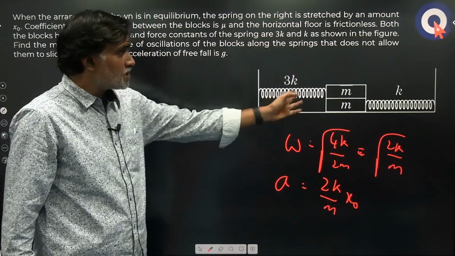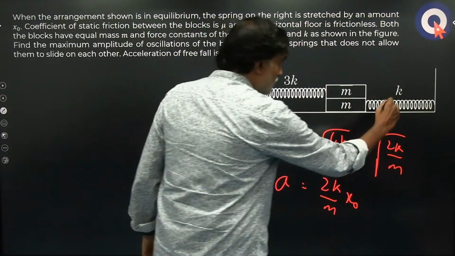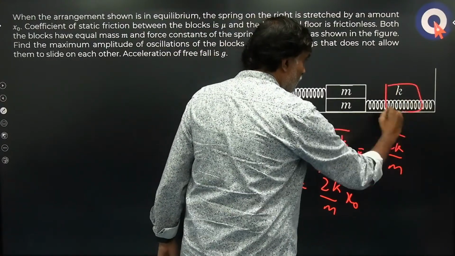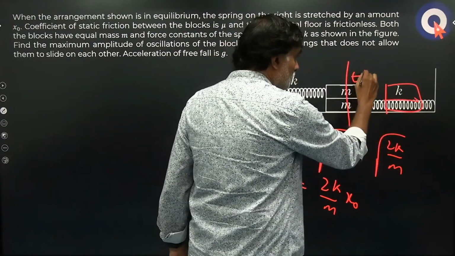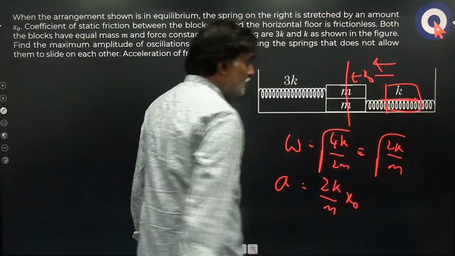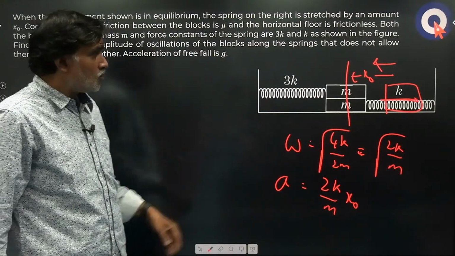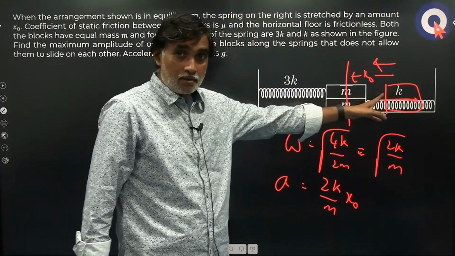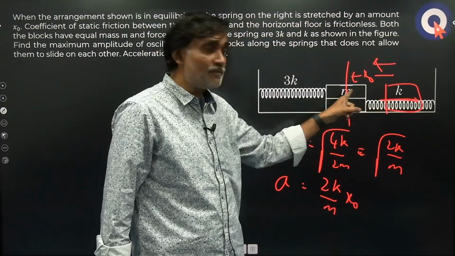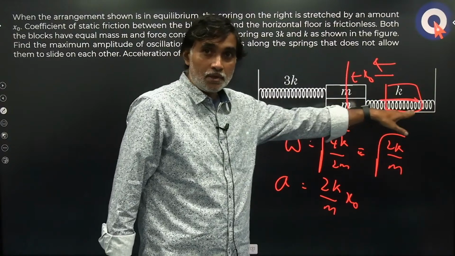Let us say they are towards the right of the mean position, somewhere here, where this is x naught. Okay. Then acceleration will be in this direction. Now if I consider only the upper block, the spring force towards left on it is more when compared to the lower block.